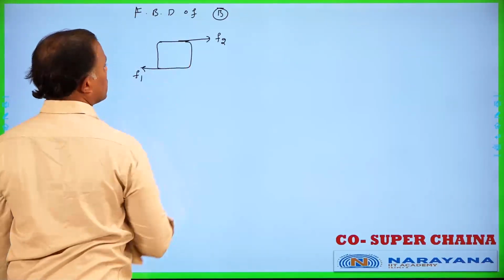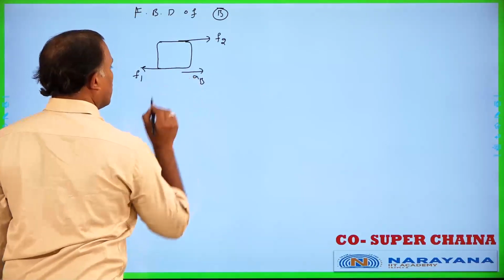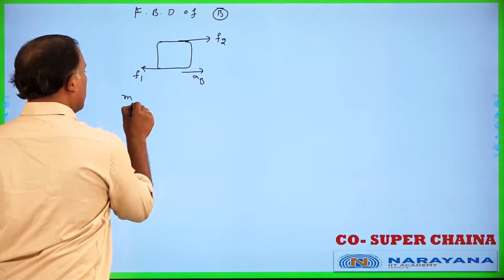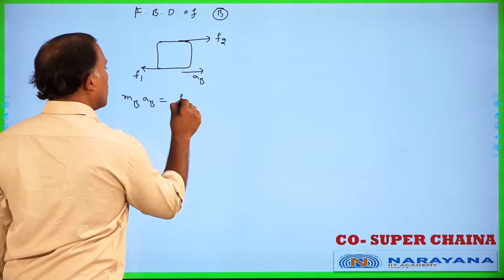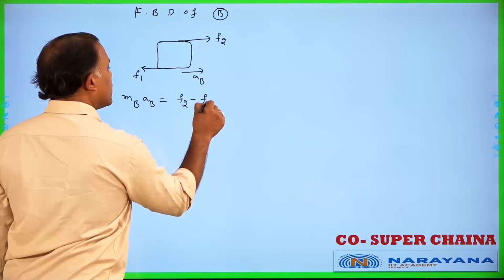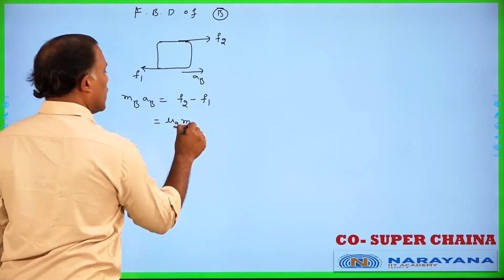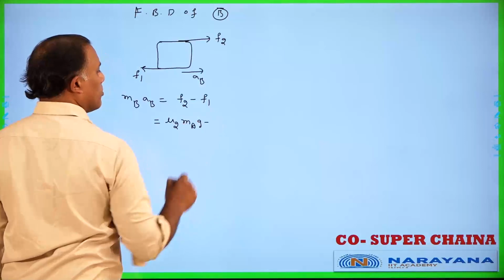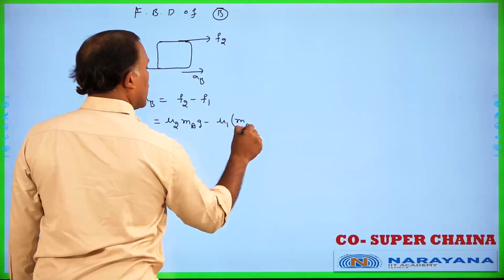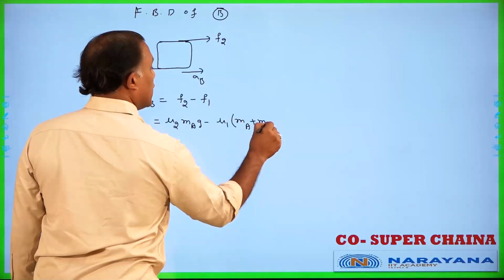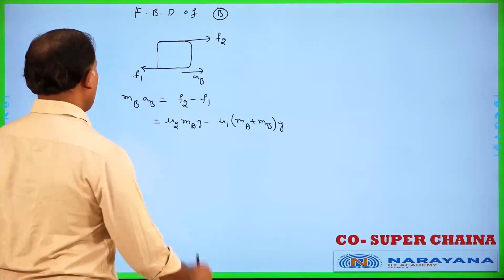And this is B, and let us say it is moving this side with an acceleration B. So now mass of B times acceleration of B is equal to F2 minus F1, so mu2 mass of A gravity minus mu1 times mass of A plus mass of B. It needs to bear both the weights, that's why we should consider that one as well.